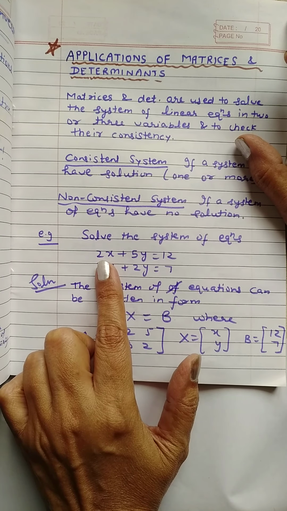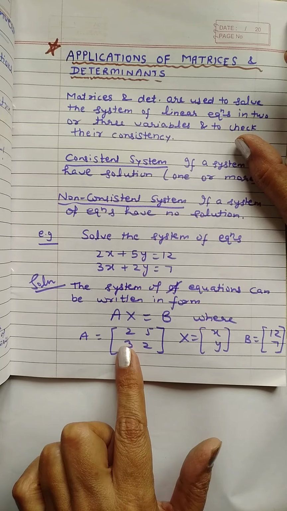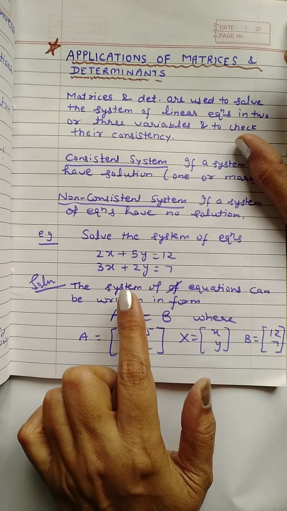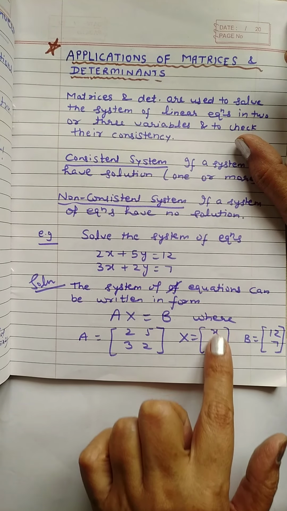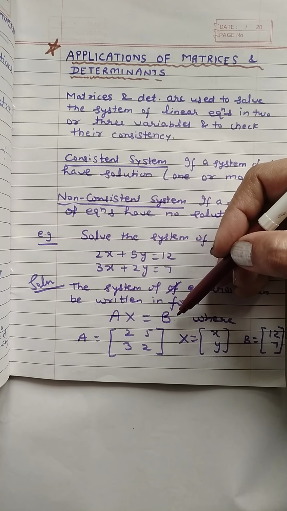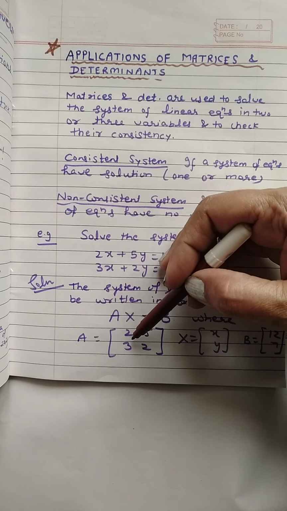X is the variables x, y written as a column matrix, and b is whatever is on the right side. You may check that when you multiply A with X, you get the left hand side, and the right hand side is given to you.